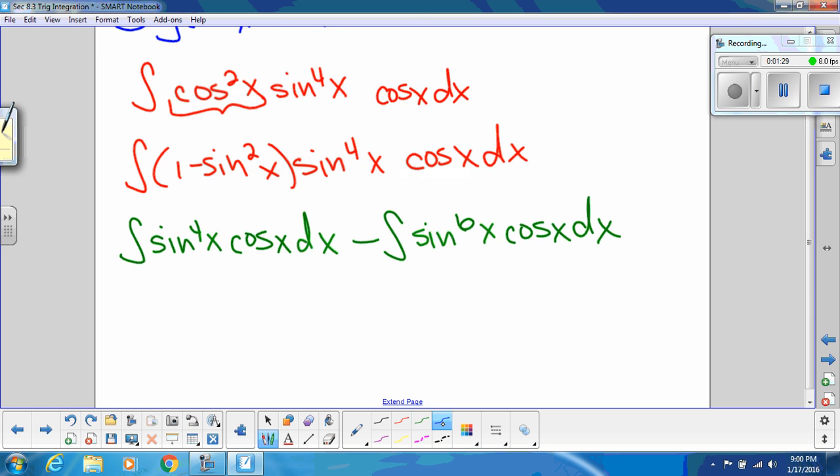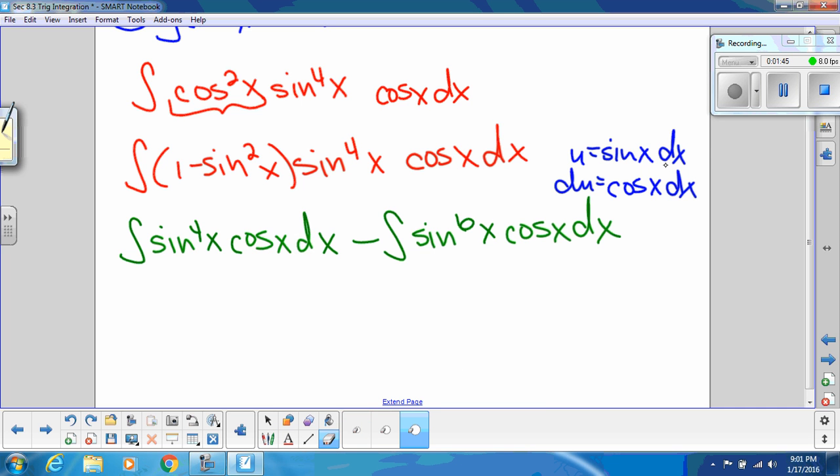My u is going to be sine x. My du is going to be cosine x dx. I put an extra dx in there. All right, getting dx crazy. So this is just sine x. This is cosine x dx.